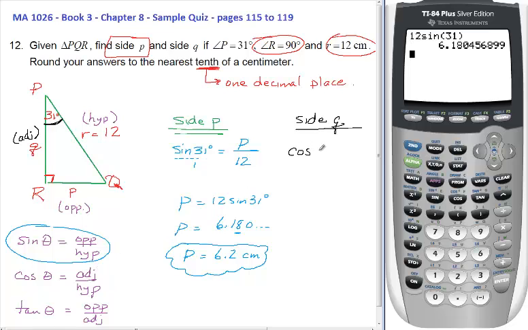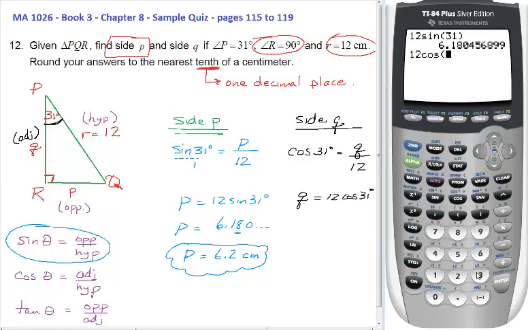So the cosine of the angle, 31 degrees, is the adjacent side, which is Q, divided by the hypotenuse, which is 12. So again, cross multiply. Q is equal to 12 cosine of 31 degrees, and we do that on the calculator. 12 times the cosine of 31 degrees, and we get 10.286, and so on.